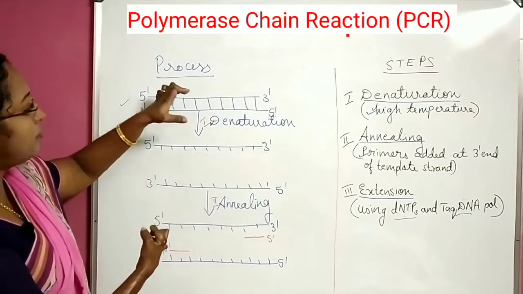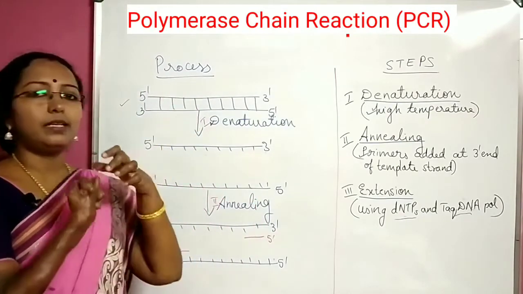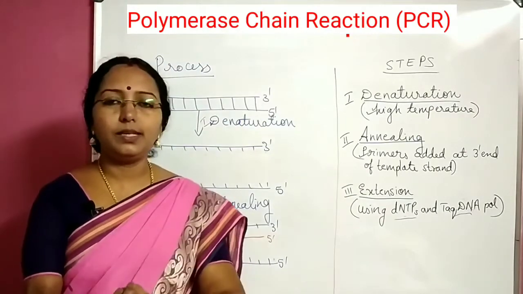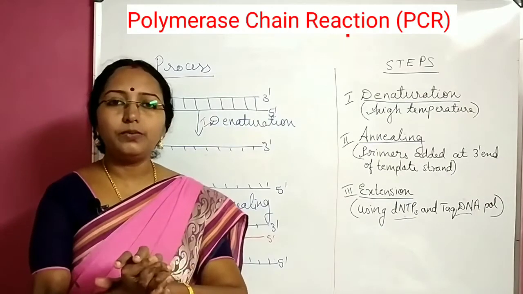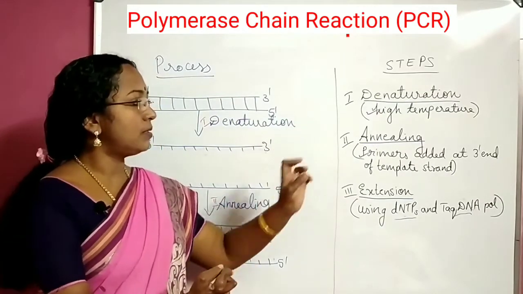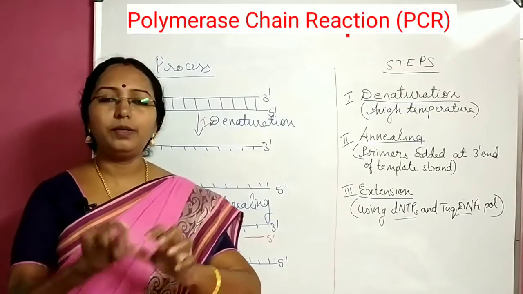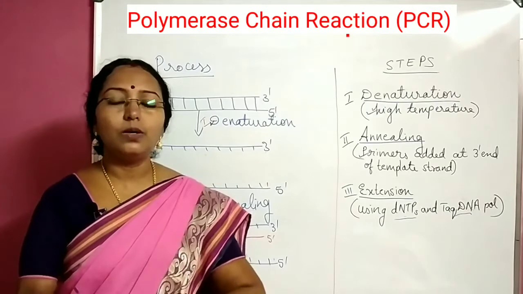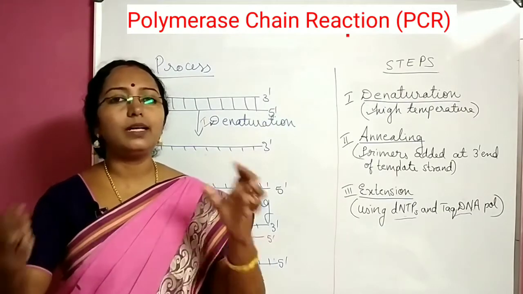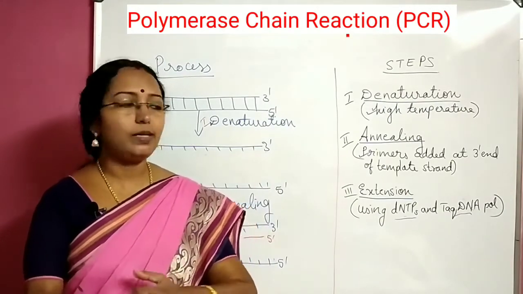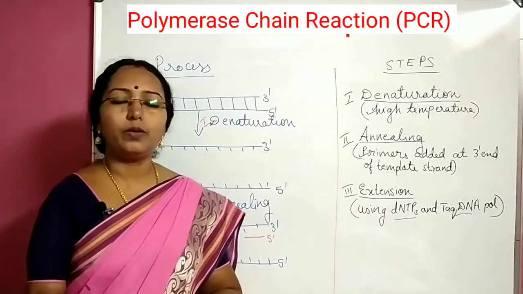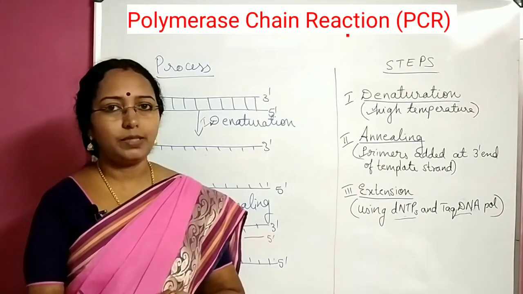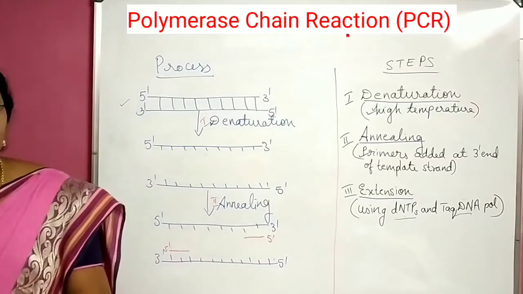Because in the first step itself, denaturation is done at very high temperature, and all these processes are done in a PCR machine, where the temperature will be very high. The primers, dNTPs, Taq DNA polymerase and DNA template are all put together inside that machine, so whatever we put should withstand the very high temperature. That's why we have taken not the normal DNA polymerase but Taq DNA polymerase. Okay, let's see extension also.